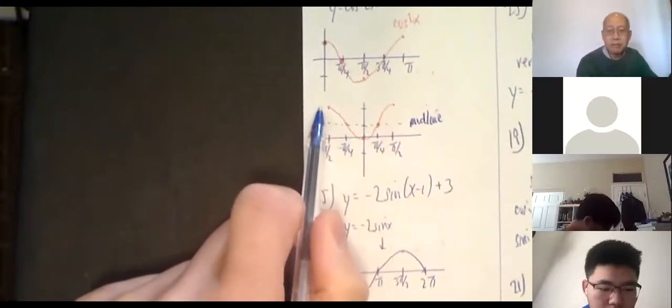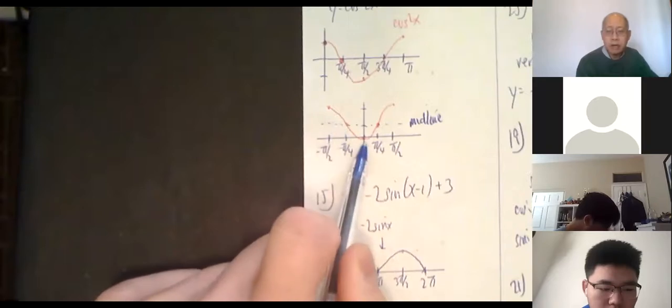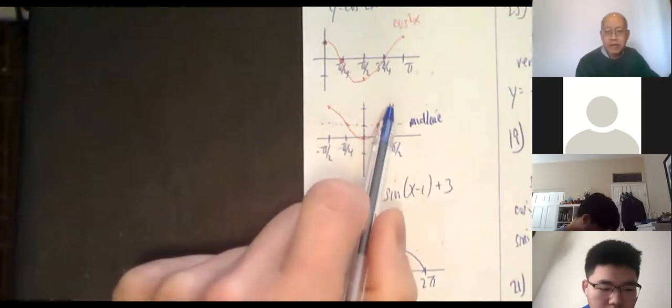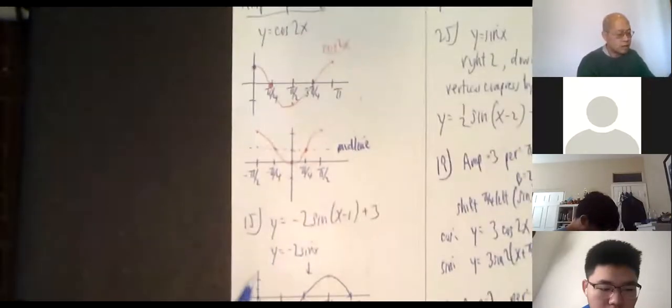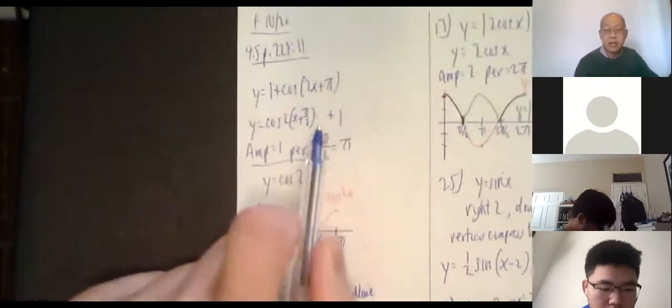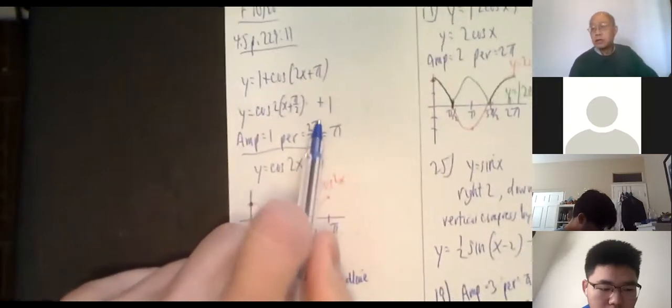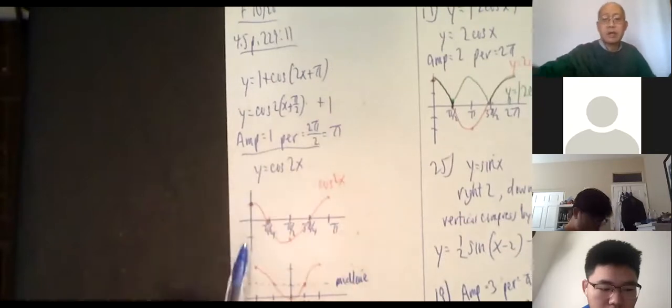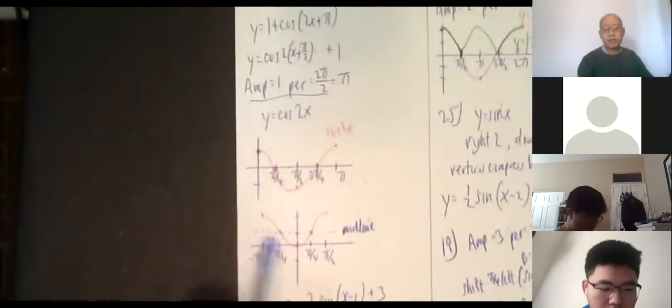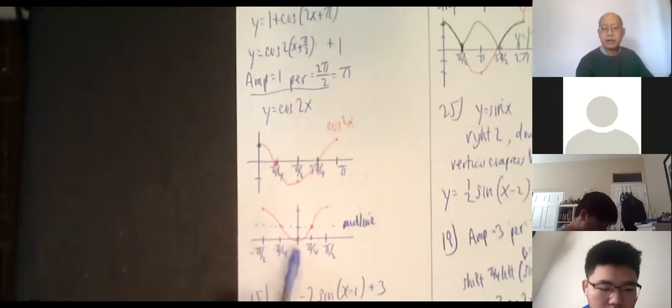So what happened to the 0? It's supposed to be 0, right? But because of the plus 1, the function had a plus 1. So because of that plus 1, I no longer say 0, I have to say 1. So maximum, 1, the minimum, and then back to the maximum. Okay.